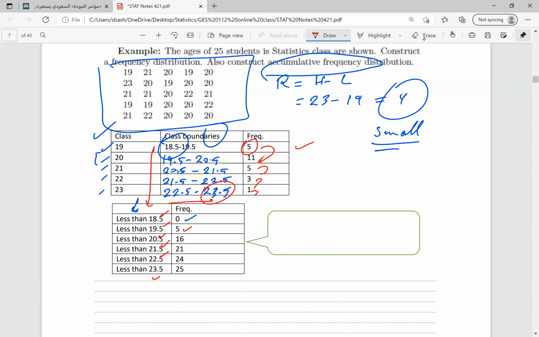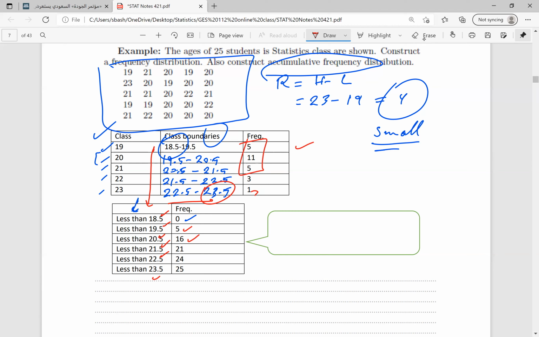We are adding 5 plus 11, which is equal to 16. Next one, we are going to add the third frequency. It will be 16 plus 5. So less than 21.5 is 16 plus 5, which is equal to 21.